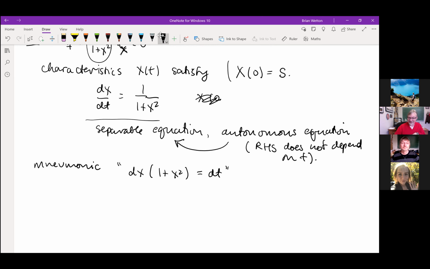Separable means you can do this and have only x stuff on one side, only t stuff on the other. And of course, this doesn't make any sense, but it's a way to remember the technique, which actually has a more rigorous description, but leads to this process. And if you've only got x's on one side and t's on the other side, then you can integrate both sides.